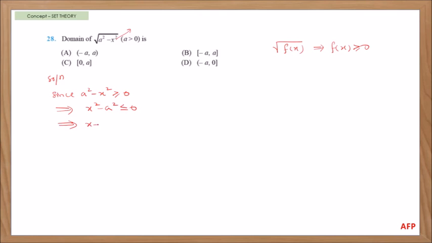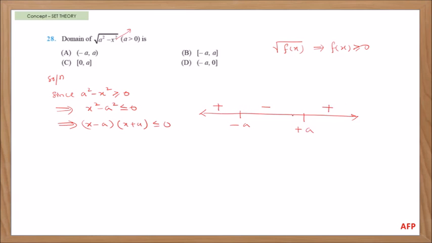So here x minus a, x plus a is less than or equal to 0. Here we will draw a number line. Minus a is here, plus a is here. Extreme right-hand side is plus sign, then minus sign, then plus sign. So how to choose?